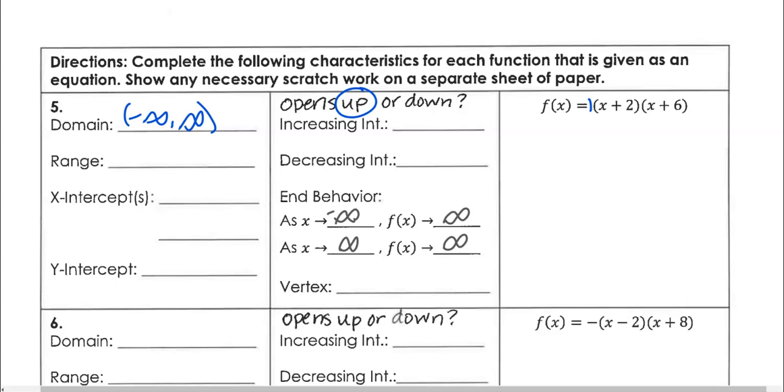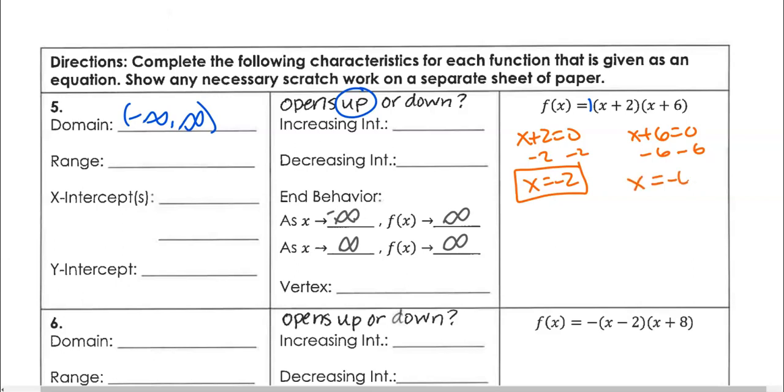Okay. Now, the new thing I can get today are my X-intercepts because it's already in factored form. I have X plus 2 and X plus 6. If I want X by itself, what do I have to do? Subtract the 2 over. So I have an X-intercept of negative 2. Over here, I'm going to subtract the 6 over.